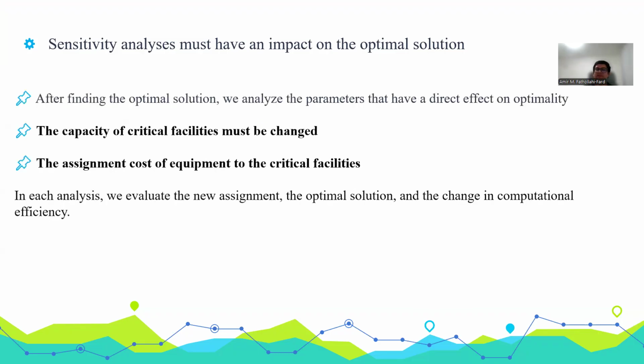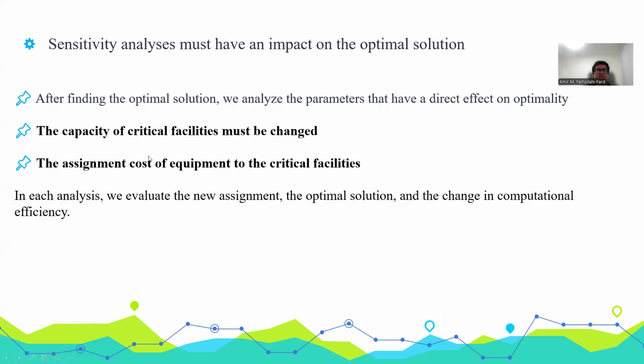For our optimization problem, there are two main factors which have a direct impact on the optimal solution: the cost factors in the objective function, the assignment cost of the equipments, and the capacity of the facilities or production centers.